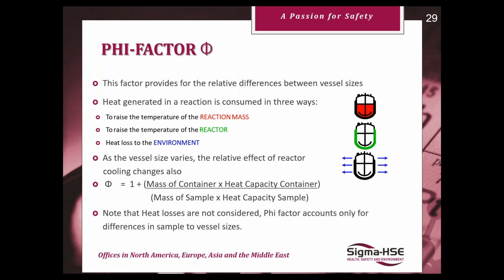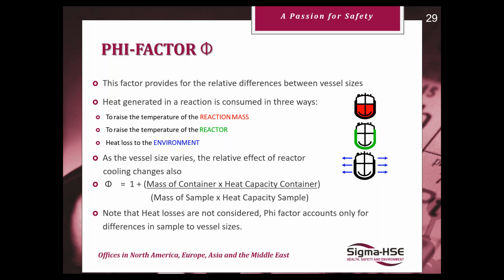This also ties into phi factor, which we will analyze and talk about a lot in our chemical reaction hazard reports. So phi factor allows us to account for the differences between different tests that we may perform in the lab, to account for the differences in how they work in effect.